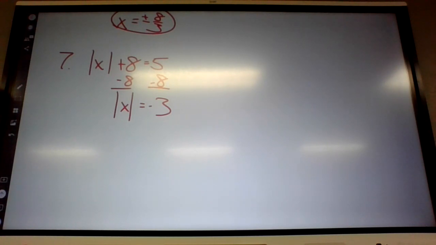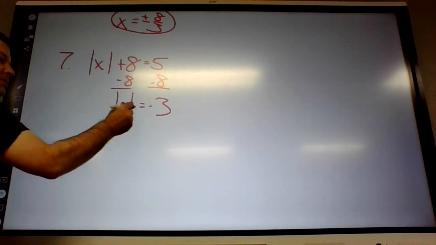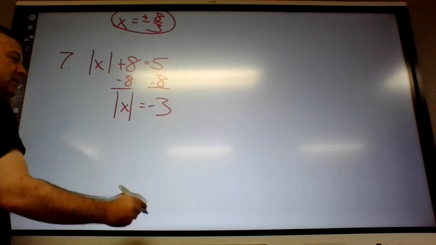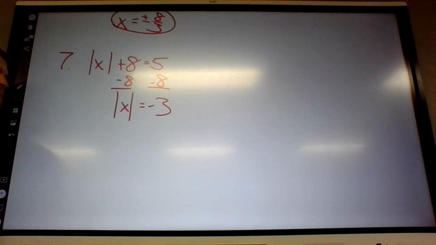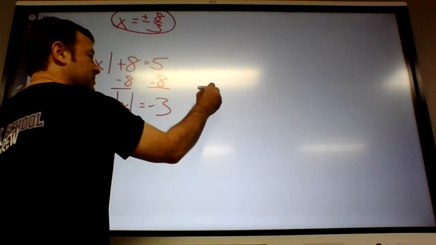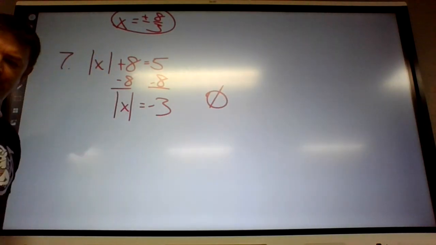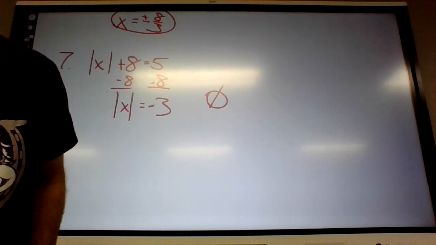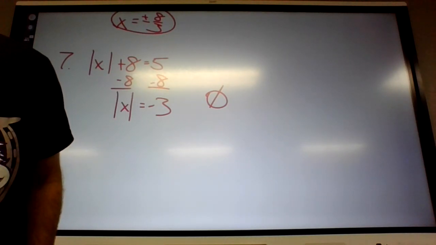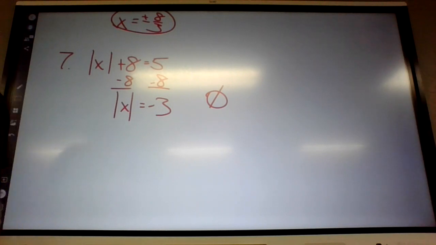Not quite. Oh, it would be no solution. Yeah, you gotta watch out for those. Absolute value equals negative, not possible, so this is no solution. Let me see how many even no solutions there are. 1, 2. I see 2. 2 odd, 2 evens.